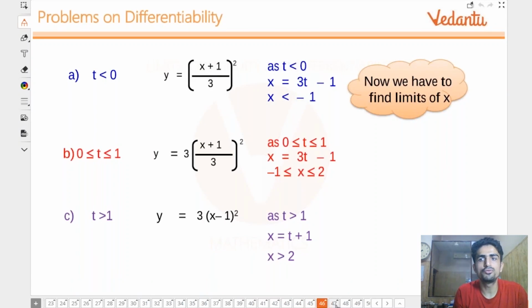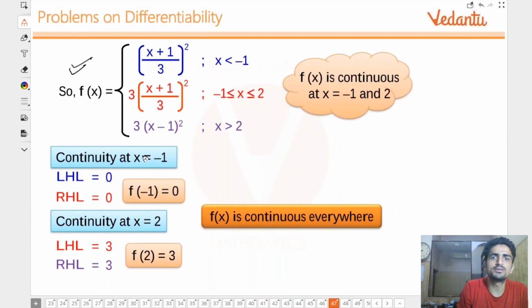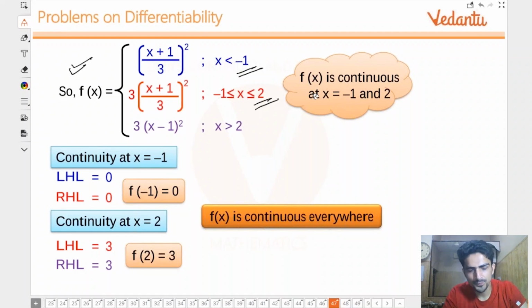Okay. So when you simplify it completely, you will get your f(x) to be this. When you eliminate t completely, this is a really good question, advanced level type. And once you get your function, you need to check continuity at -1 and 2. So primarily the question is not at all tough because of continuity.